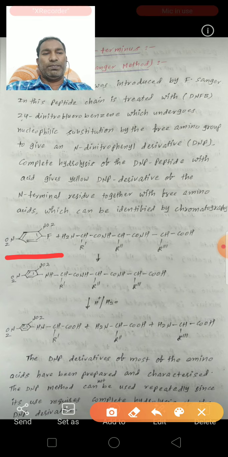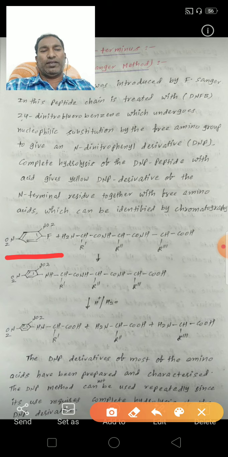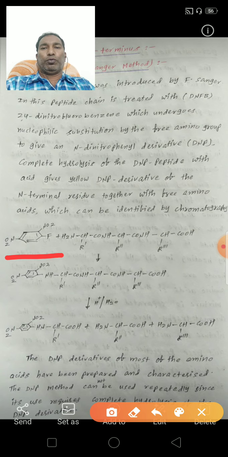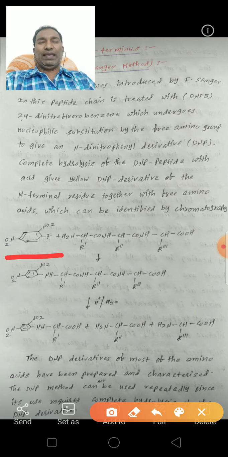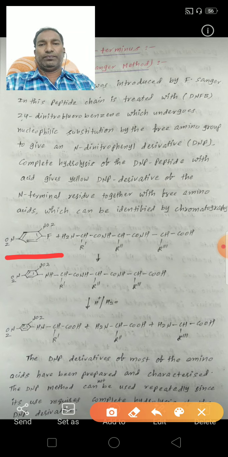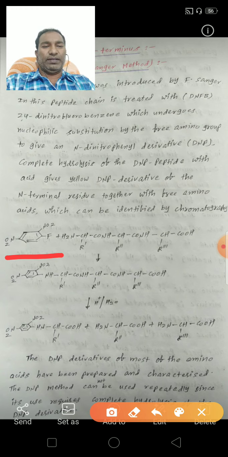The peptide chain is treated with 2,4-dinitrofluorobenzene, which undergoes nucleophilic substitution by the free amino group to give an N-dinitrophenyl derivative, abbreviated DNP.